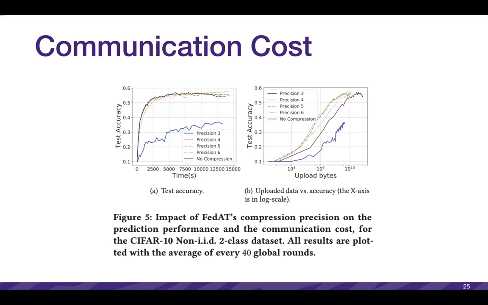They choose the same quantization level. No, the precision does not mean the quantization level. They use the coding scheme to do the compression. Yeah, the strategy is the same for all the users. Okay.